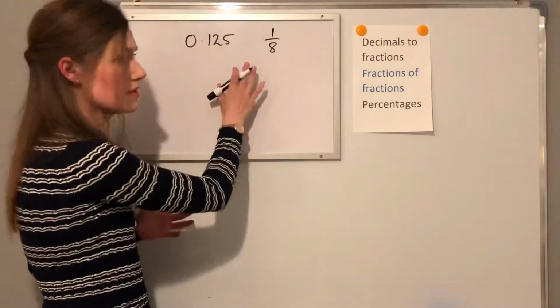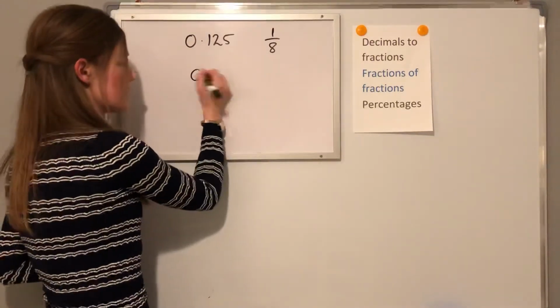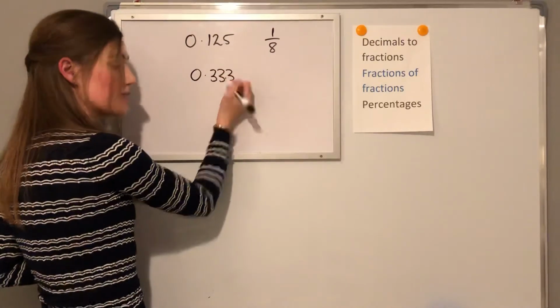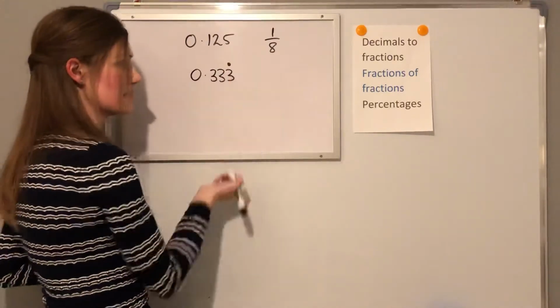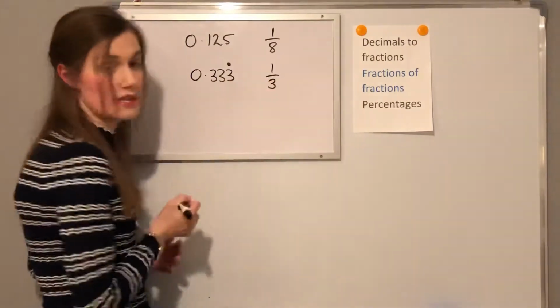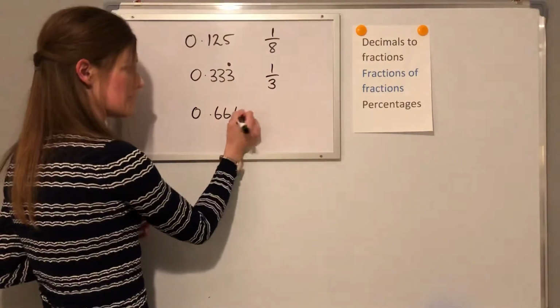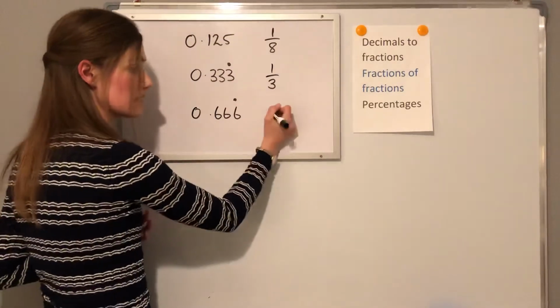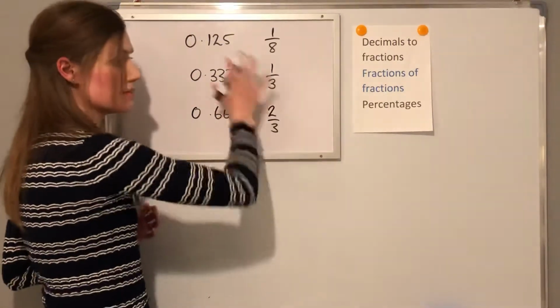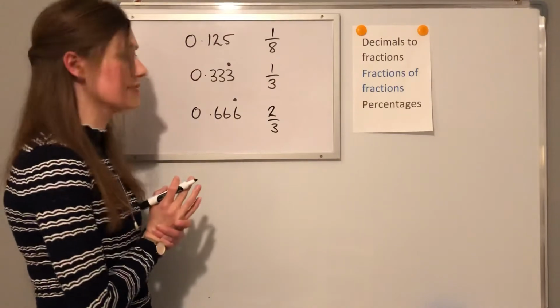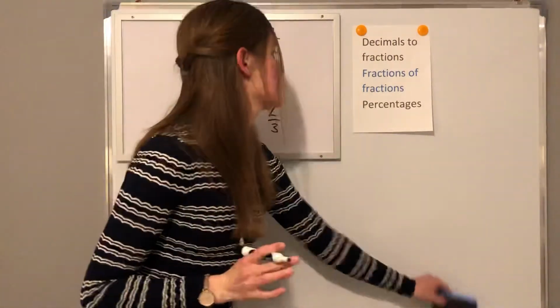Those numbers come up a lot. If you had something like 0.333 going on forever or recurring, you need to know that that's a third. And 0.666 going on forever or recurring is going to be 2/3. You need to be able to spot those really quickly.